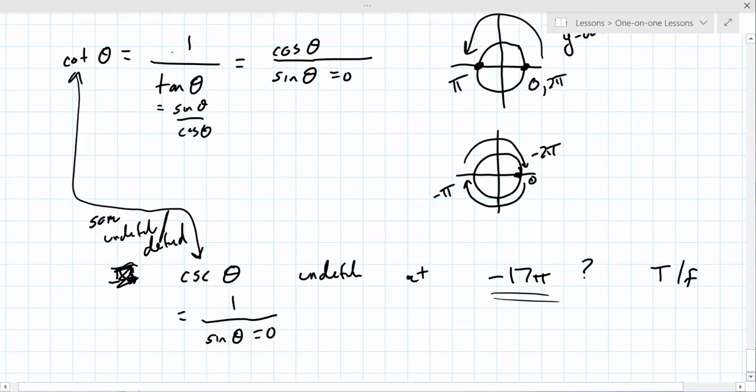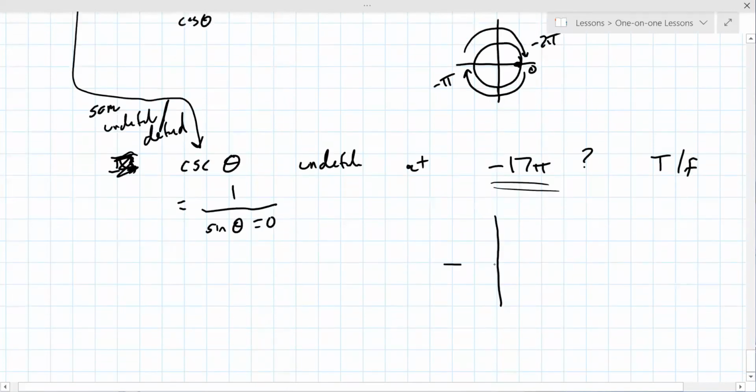If you go positive on the unit circle, 0, this is 1 pi, 2 pi, 3 pi, 4 pi, 5 pi, 6 pi, 7 pi. Notice that if it's n pi, you're here or here.